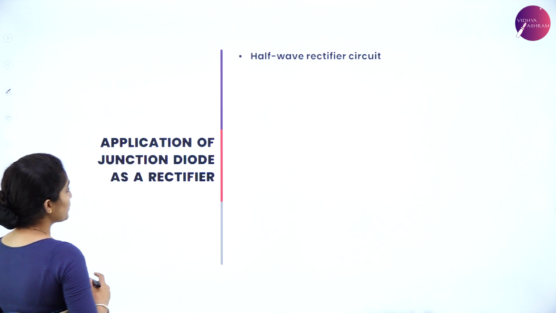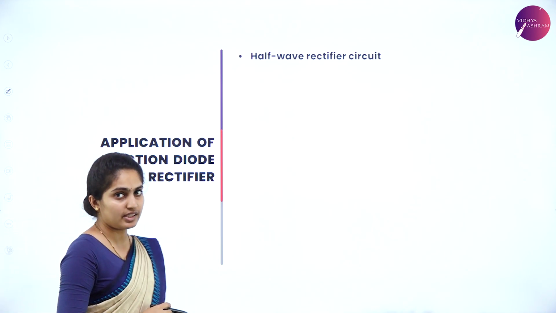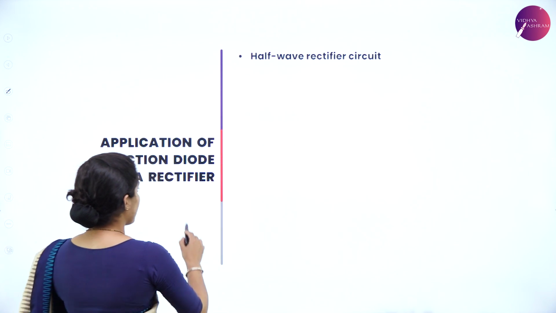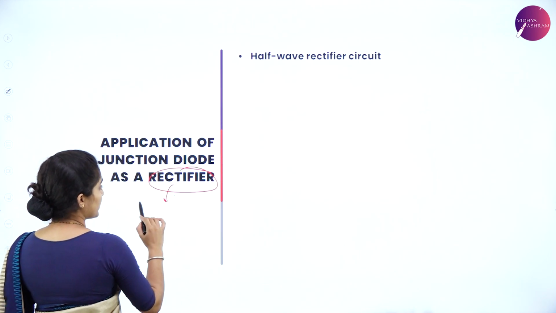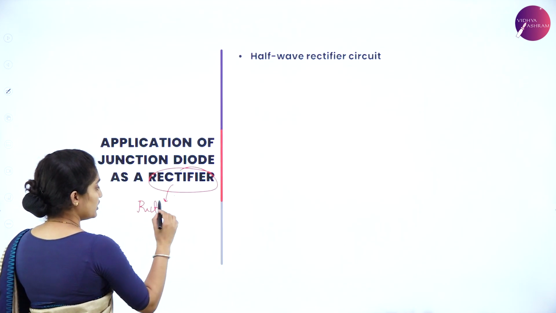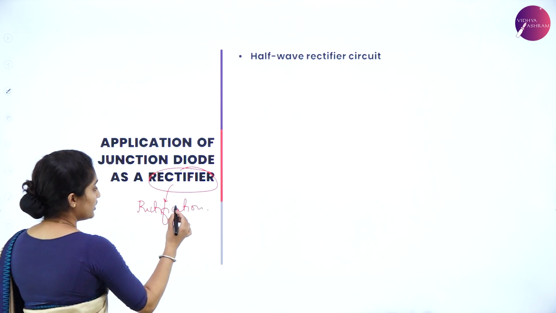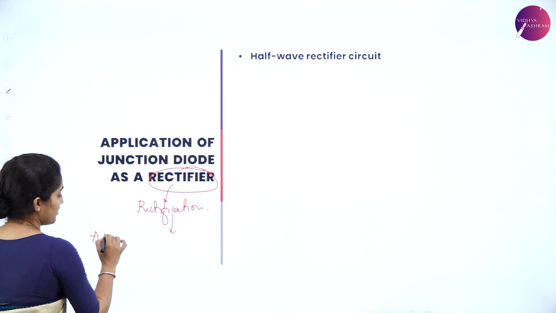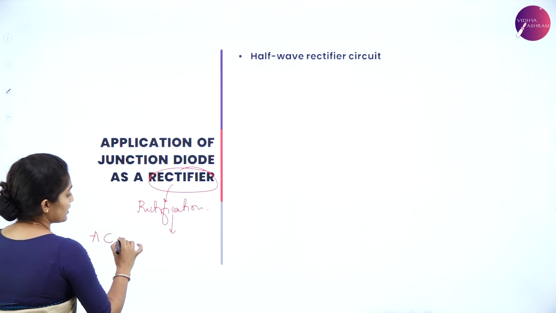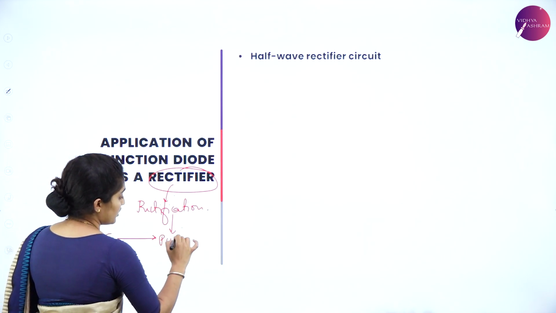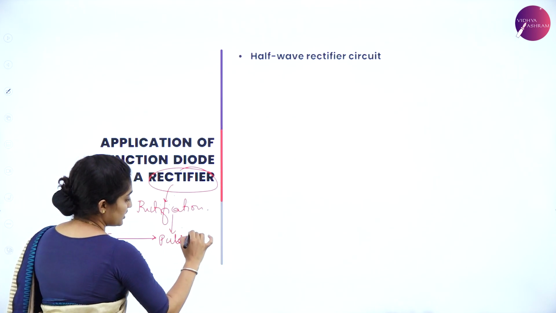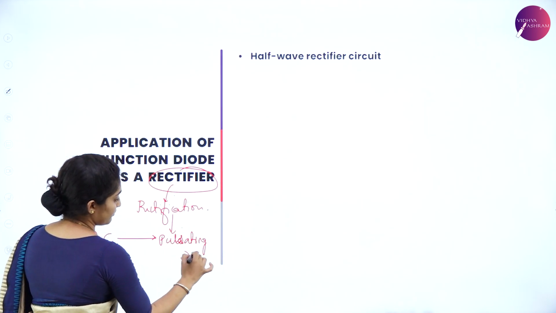Now we are going on to applications of the junction diode as a rectifier. So what is a rectifier? Rectification is the process, and a rectifier is the instrument used to convert AC, alternating current, signals to pulsating DC.